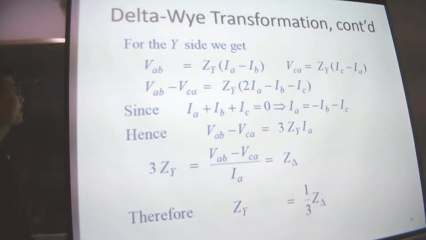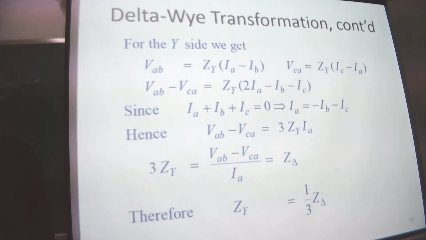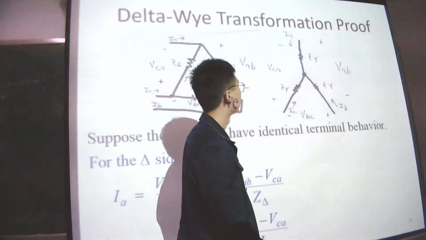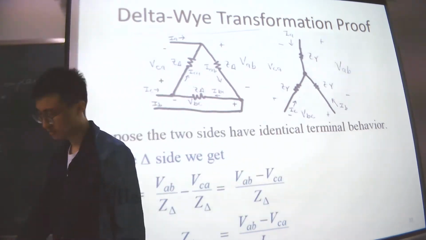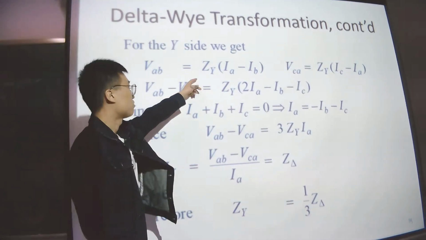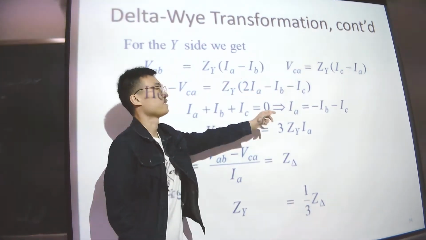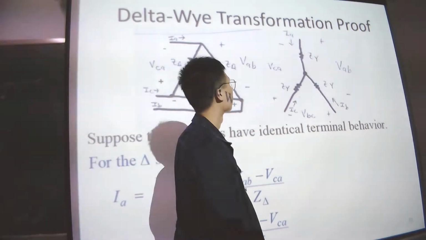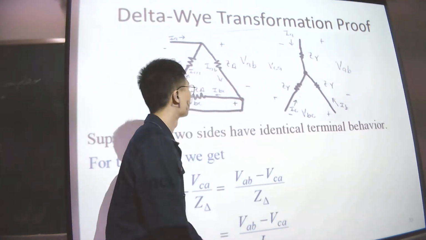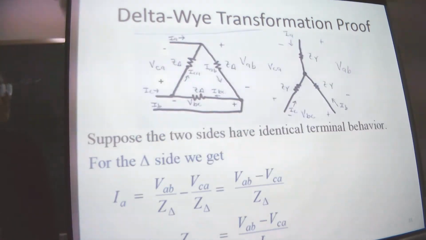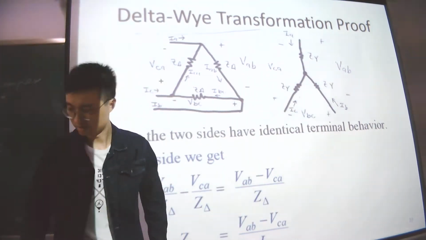So for the Y side, this VAB, right, Dy is multiplied with the difference between these two phase currents, right? AB is the current, right? VAB, right?